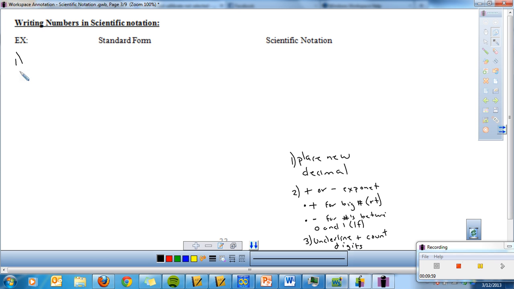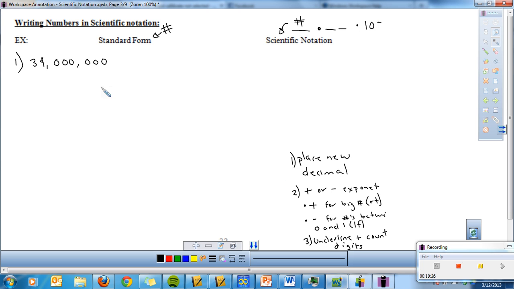Here's our first example. So let's say I had 34 million. Right now, 34 million is in standard form. Standard form just means the number itself. And I want you to put it into scientific notation. Remember, scientific notation is going to be a number, a decimal point, some numbers, times 10 to some sort of power.